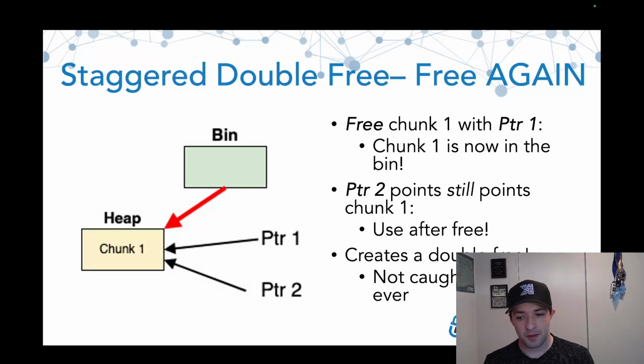The glibc malloc exploitation techniques are fun, but this is much more likely to happen in practice, and it creates very good primitives. Because if I have a pointer to something and it gets reallocated later, that means that I can arbitrarily free any pointer that gets referenced to this, and this just makes a much better primitive as a result.